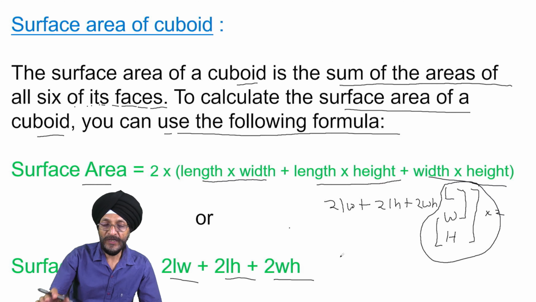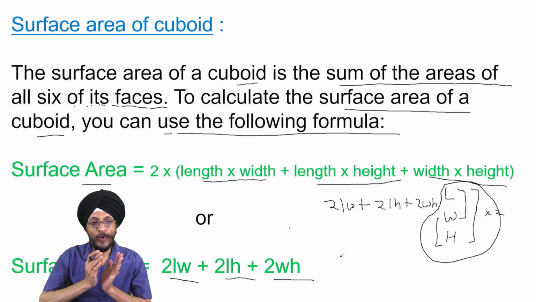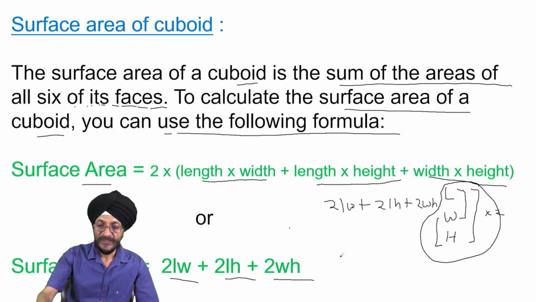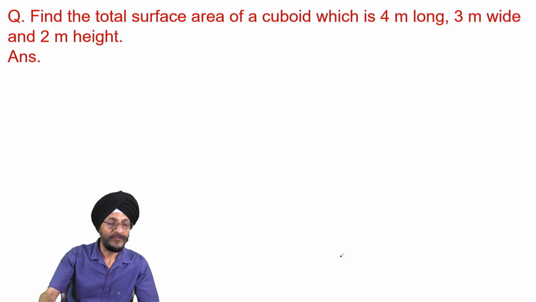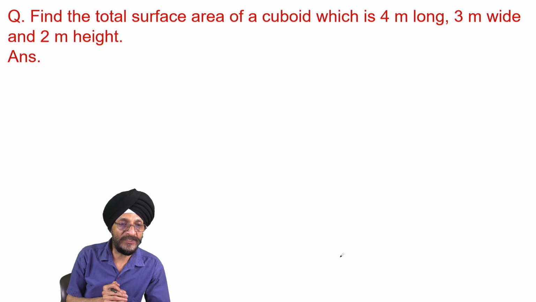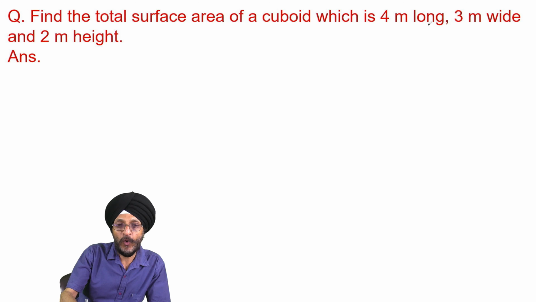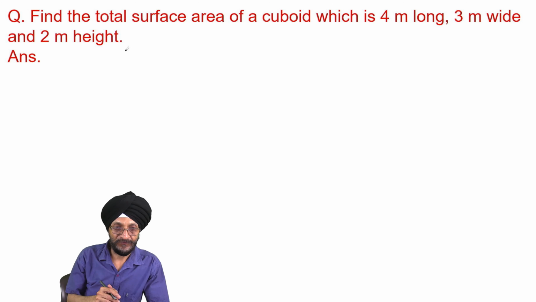So now we will try to solve the problem of surface area of a cuboid in the next question. The question before us is, find the total surface area of a cuboid which is 4 m long, 3 meter wide and 2 meter height.